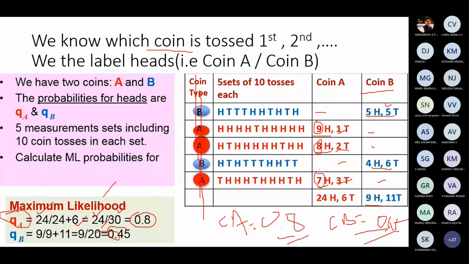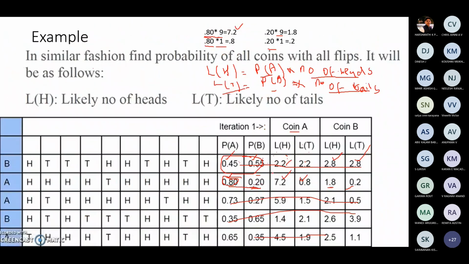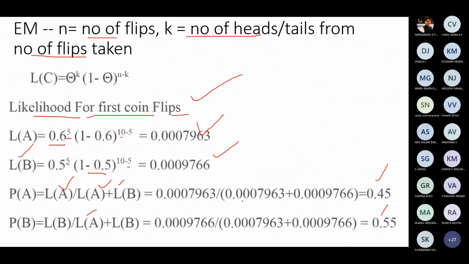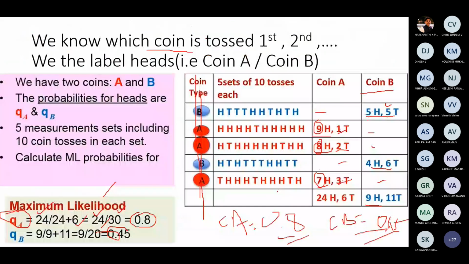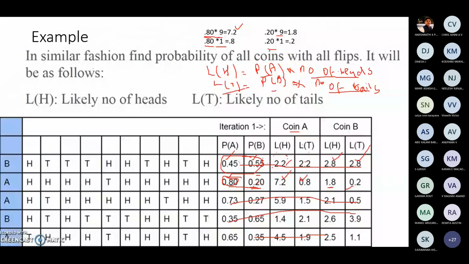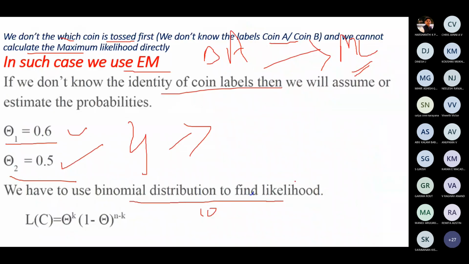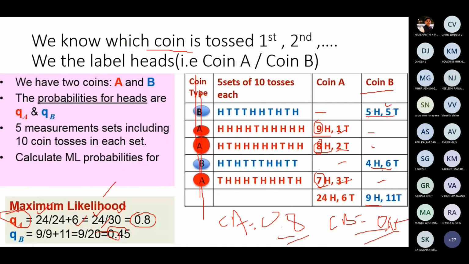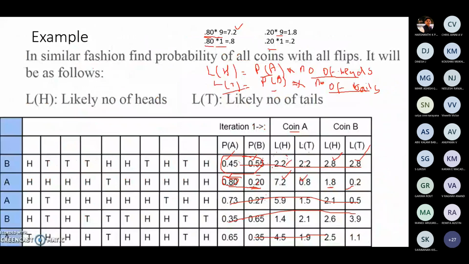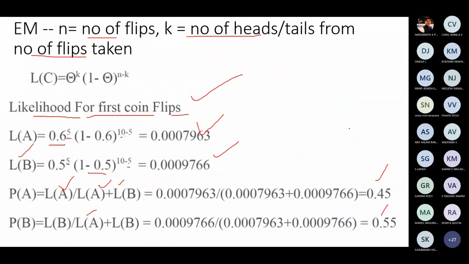Then 8 into 0.73, 2 into 0.73, 8 into 0.27, 2 into 0.27. Then 4 and 6: 4 into 0.35, 4 into 0.65, 6 into 0.35, 6 into 0.65. So I calculate this entire table and fill up the missing values.